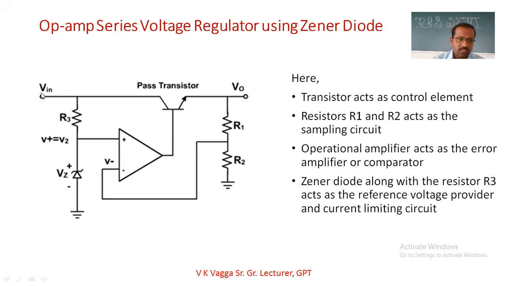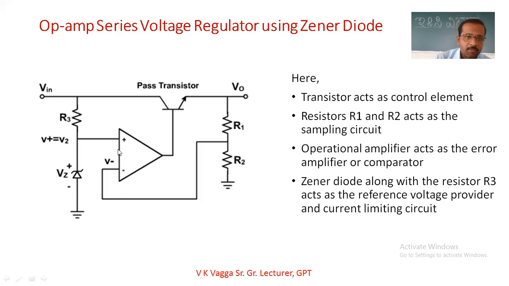Whatever input voltage I apply, the output should not cross the reference voltage VZ. Suppose VZ is equal to 6 volts. If I apply the input as 10 volts, I should get the output as 6 volts only. So this is acting as the reference voltage.